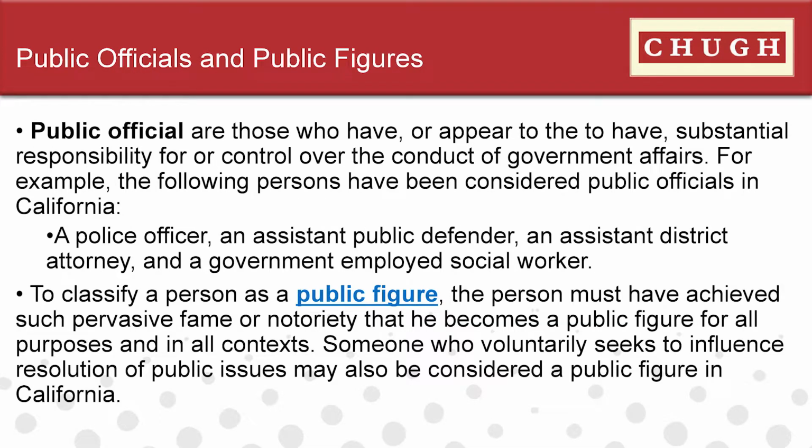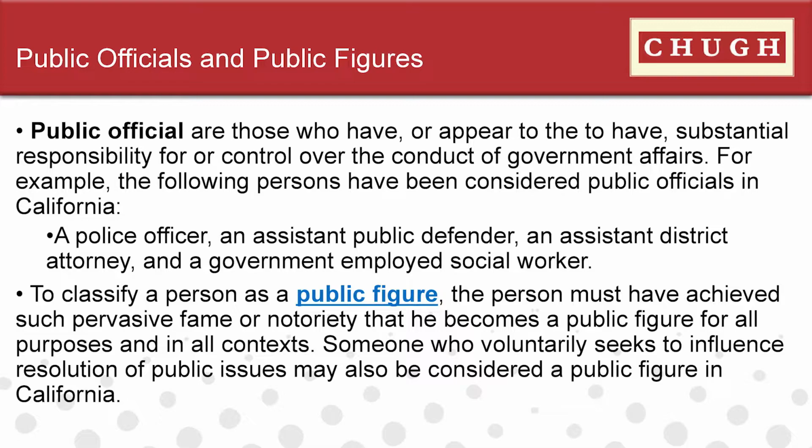So there's an exception to the general rule for defamation, which is that public figures don't really qualify for defamation that's just negligent. If you make a defamatory statement against a public figure, it really has to rise to a reckless or intentional falsehood.